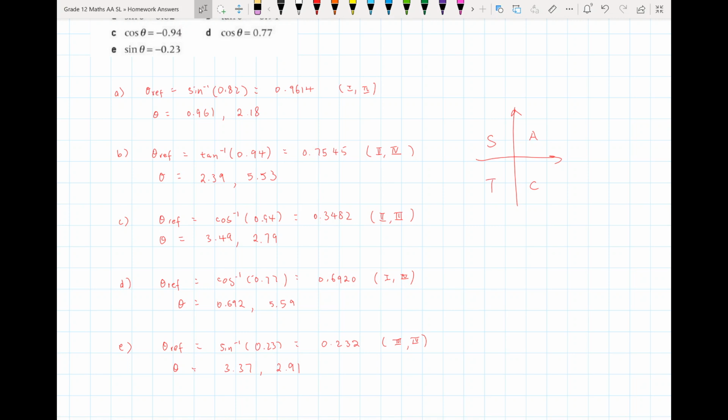And apparently this is different than the answer key. So let me just check again. I don't see anything wrong. Unless the question meant to be cosine instead of sine. Nope, no idea.